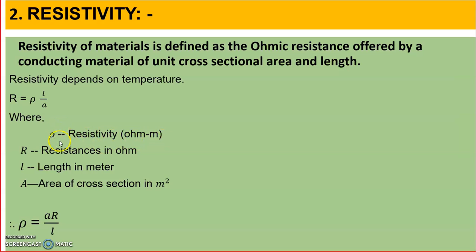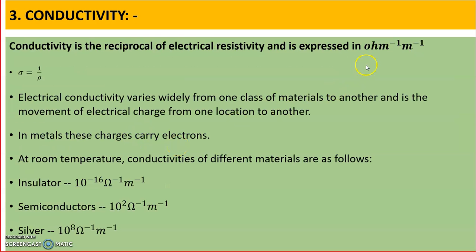So 1 upon ohm means ohm raised to -1, and 1 upon meter means meter raised to -1. So we have to remember unit also, and while defining you have to write down units also. So conductivity unit is ohm^-1 meter^-1, and conductivity is equal to 1 upon resistivity.